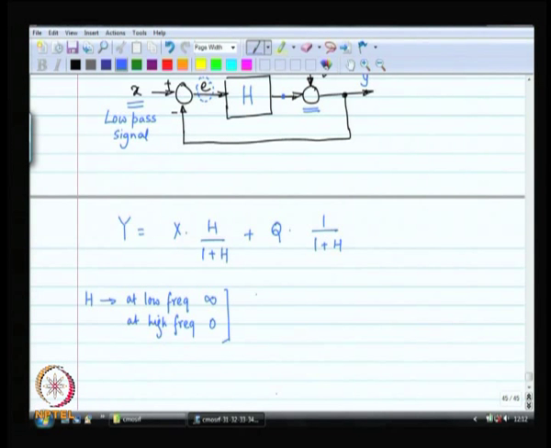So, then Y at low frequencies is going to be X times infinity by 1 plus infinity, so X, plus Q times 1 by 1 plus infinity, that is 0. And Y at high frequencies is X times 0 by 1 plus 0, so that is 0, plus Q times 1 by 1 plus 0, that is 1.